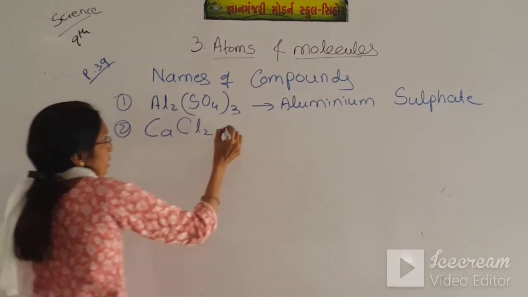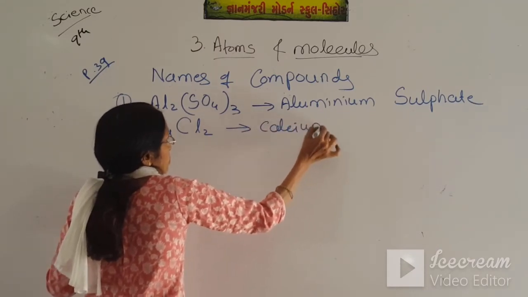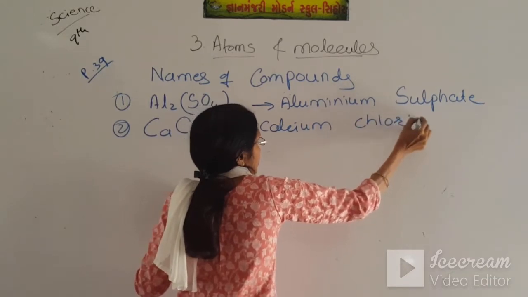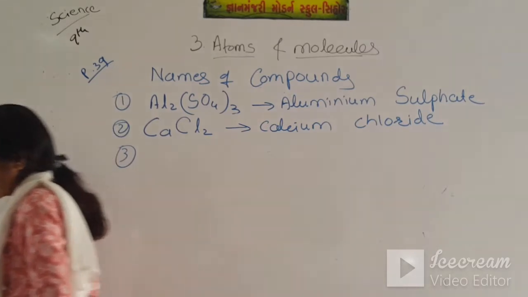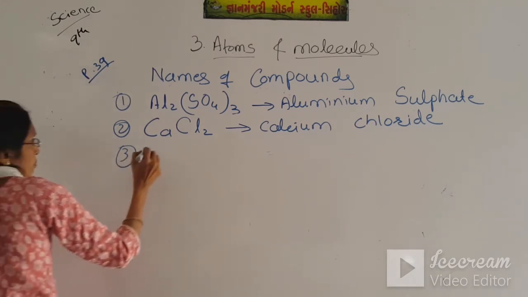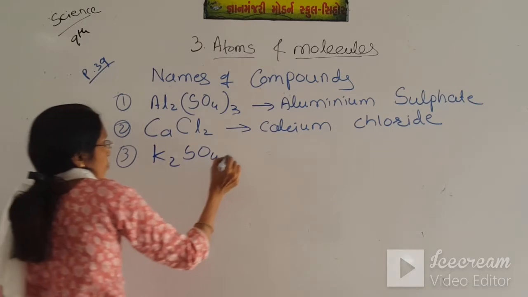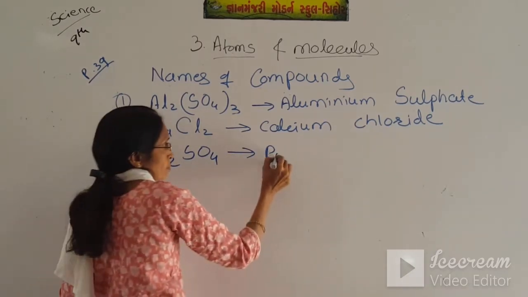CaCl2, calcium chloride. Number 3. What is it? K2SO4. Potassium sulfate. K for potassium.